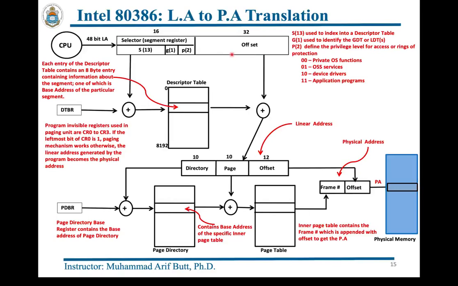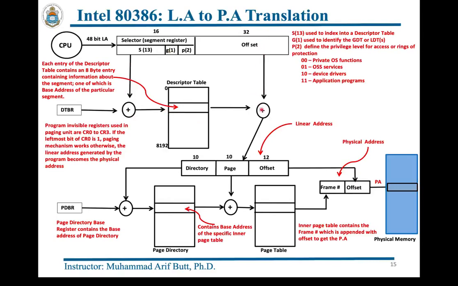As you can observe over here, we have the 16-bit selector. The segment register is called the selector over here. So this 16-bit selector and this 32-bit offset, they together combine to convert it to the physical address. This 16-bit selector is used to index the descriptor table, local or global, which with other important information contains the base address.